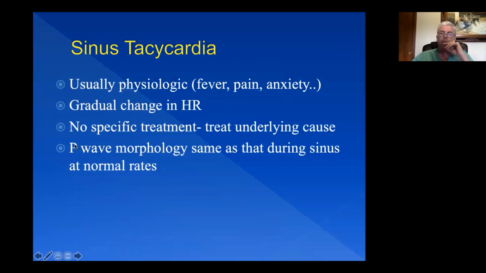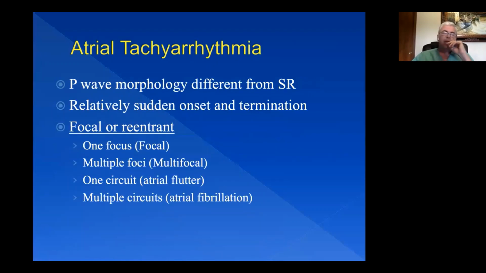So the next option when you have narrow supraventricular tachycardia is atrial tachycardia. Once again, P wave morphology will be different from that of sinus. Anything that's not sinus tends to be sudden onset and termination, which is another feature that will help us distinguish sinus from atrial tachycardia.